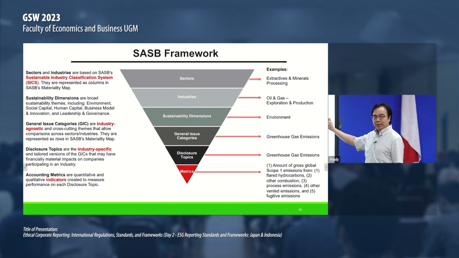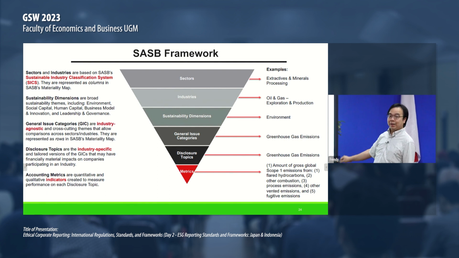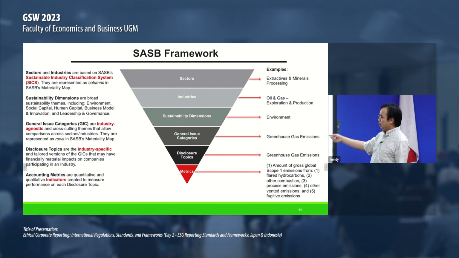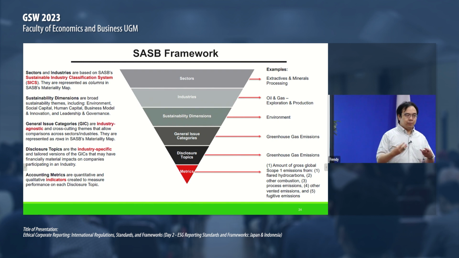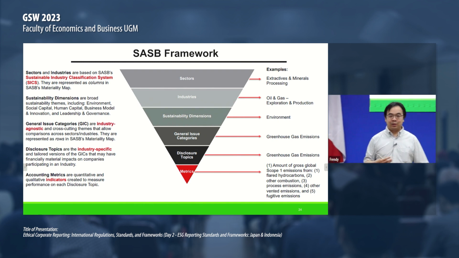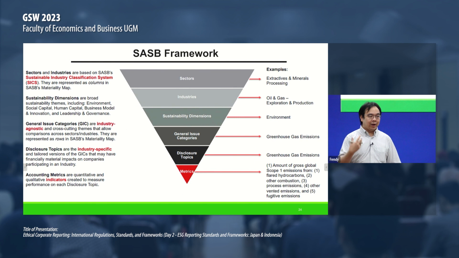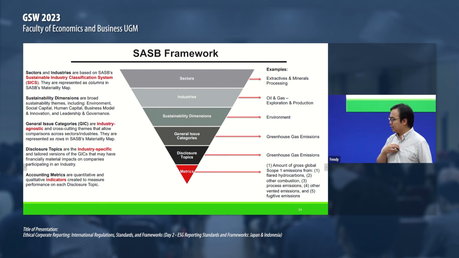Environment. And then within this environment, we have many indicators, right? One of the most common ones, GHG. Okay. And then within this GHG disclosure topic, what kind of information about greenhouse emissions is to be disclosed according to these standards?